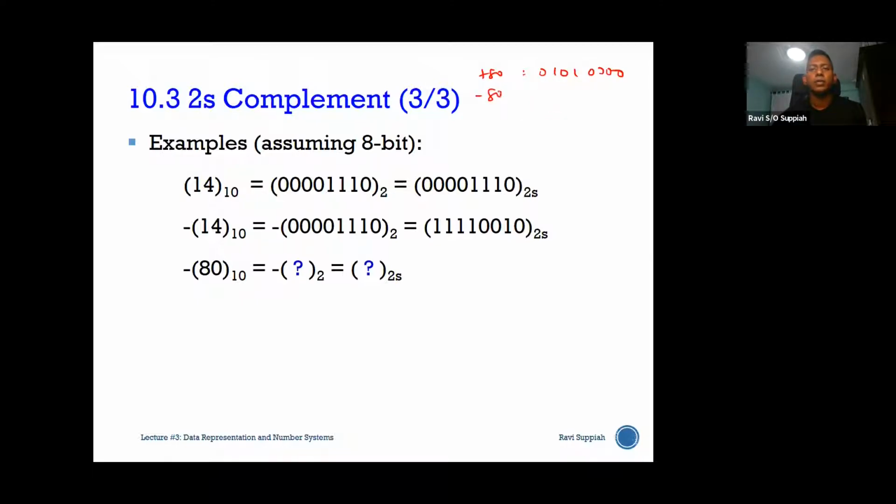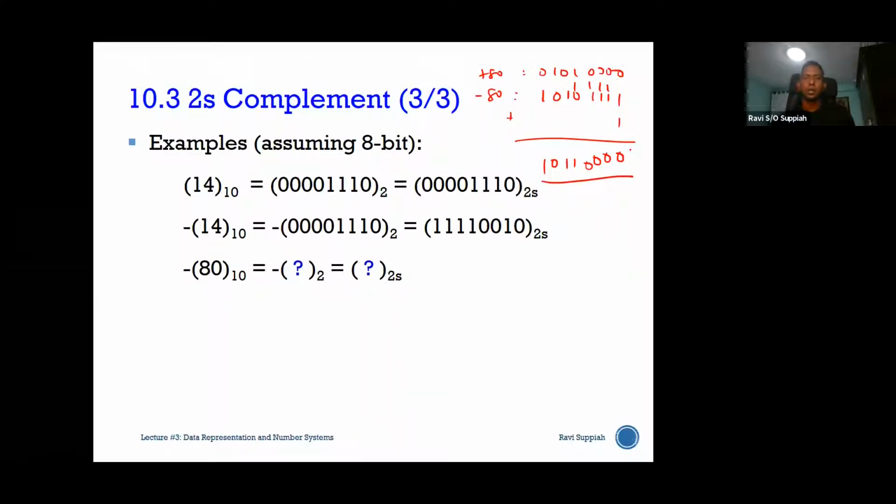Negative 80 in 2's complement: first I flip all the bits, 10101111. Then I add a 1. So 1 plus 1 is 0 carry 1, 1 plus 1 is 0 carry 1, 1 plus 1 is 0 carry 1, so it's 1101. So the answer here is 10110000.